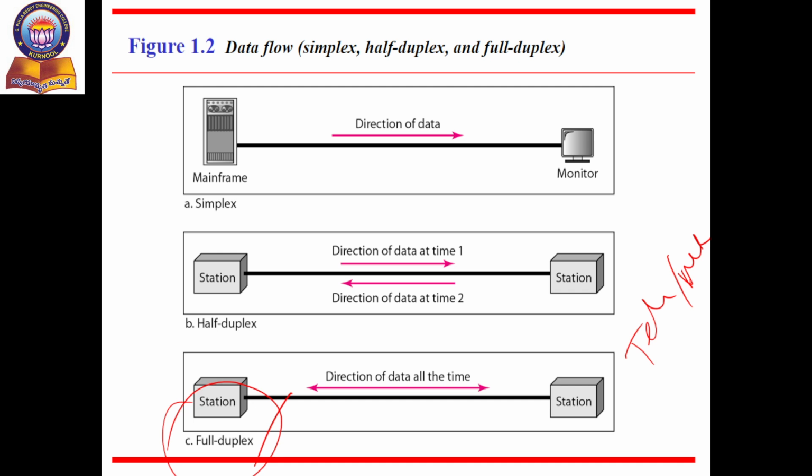So these are the three different types of data flows, also named modes of transmission. Just writing it down here: modes of transmission.